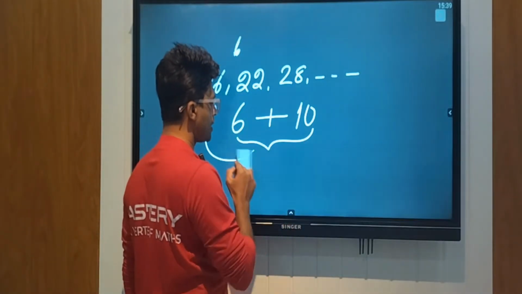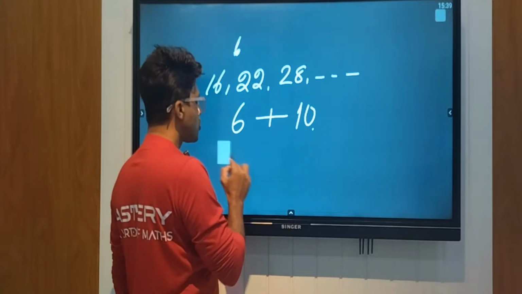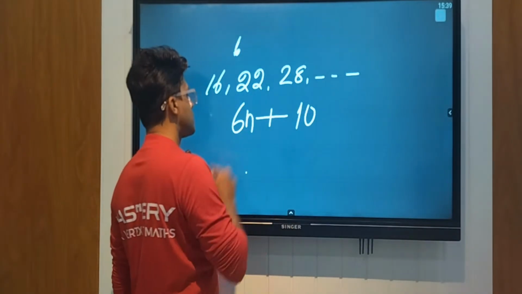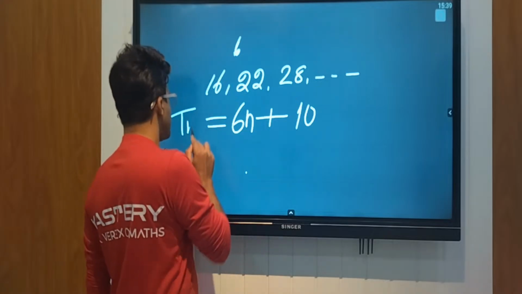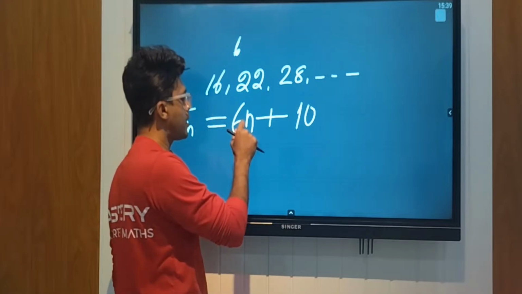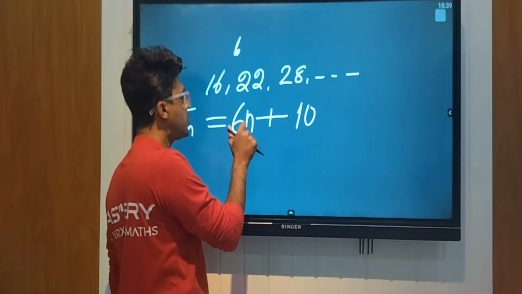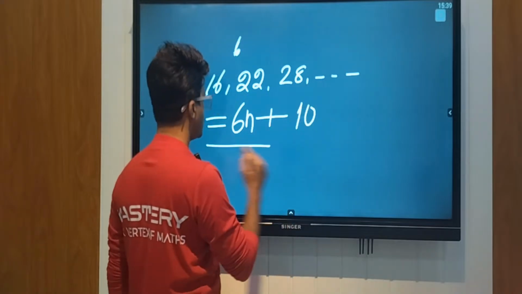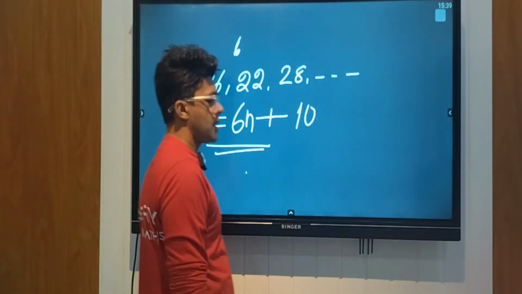The general term is 6n, but you need to write n here, simple n, with the common difference that is written. So Tn equals 6n plus 10.